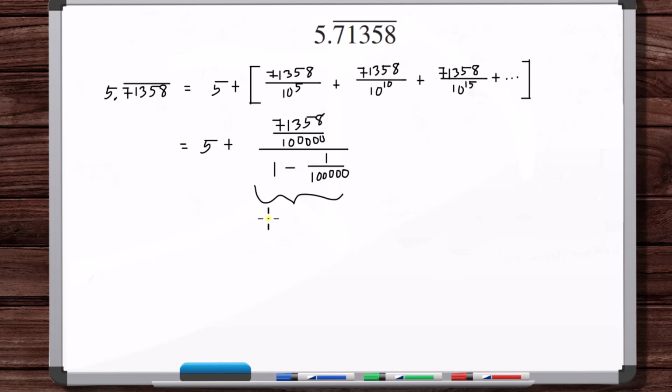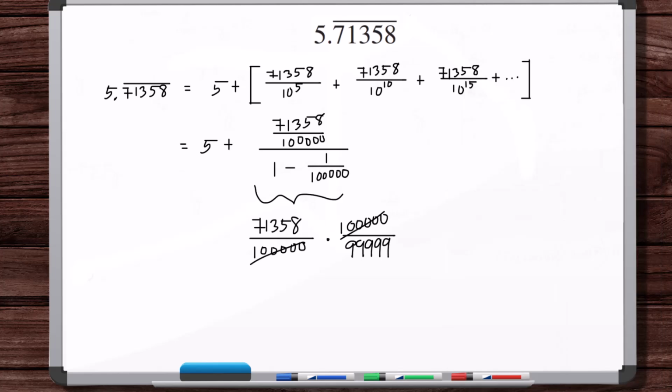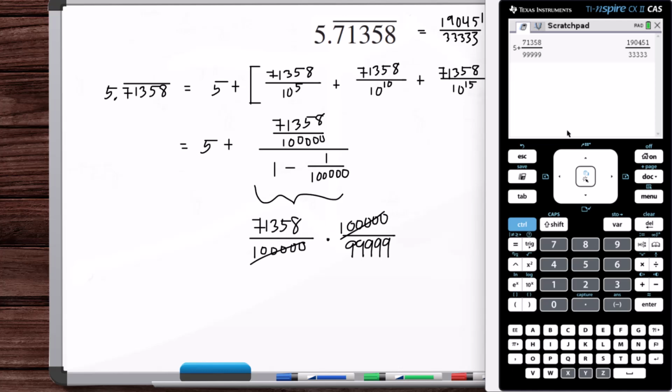Okay, this is equal to 71358 over, and then times, and then this will be, okay, so 5 plus 190,451 divided by 33333. And there you go.